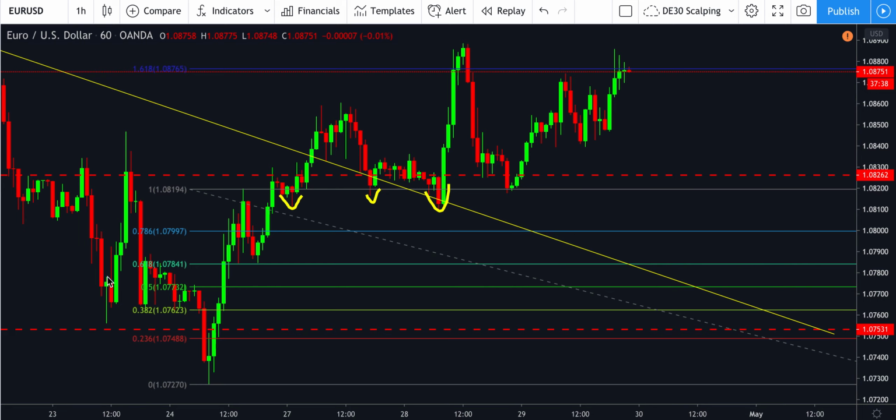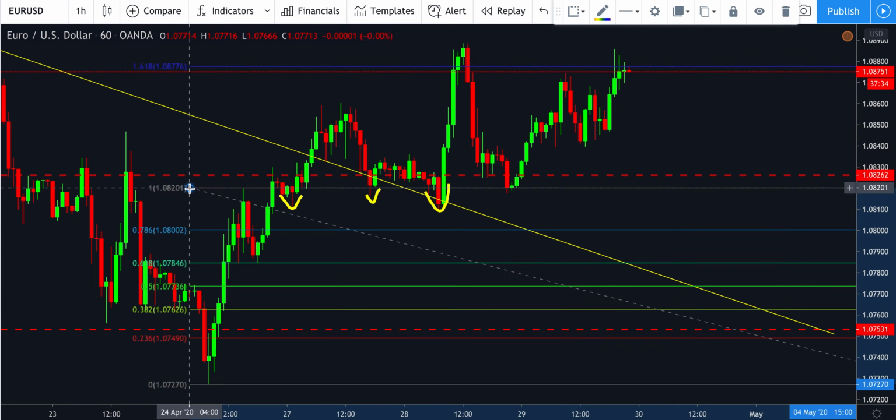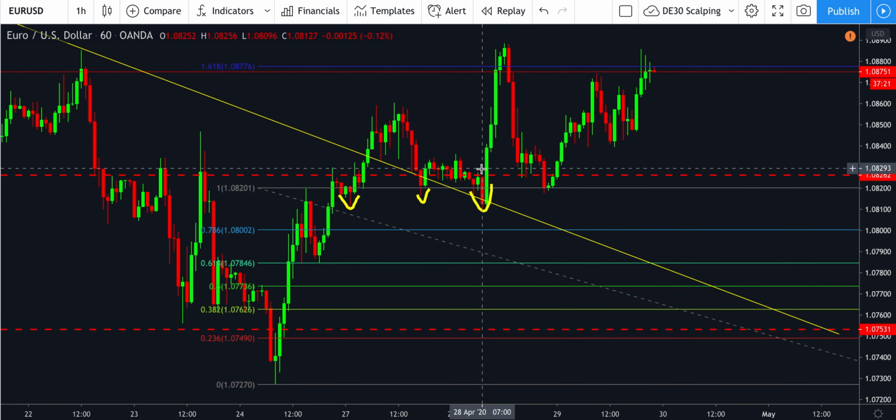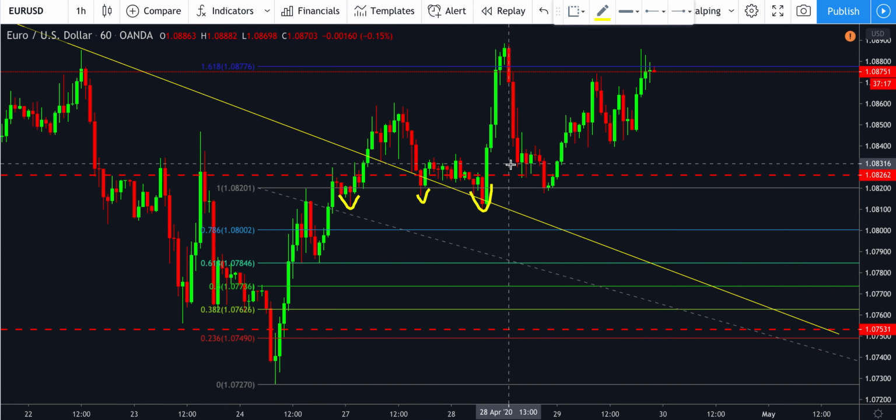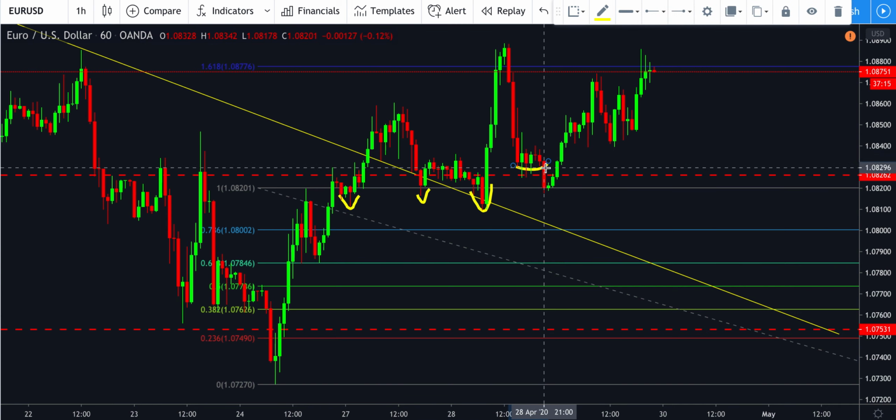So as I said last time, as we broke the bearish trend line, we were going to get either a sell opportunity here or a continuation upside.